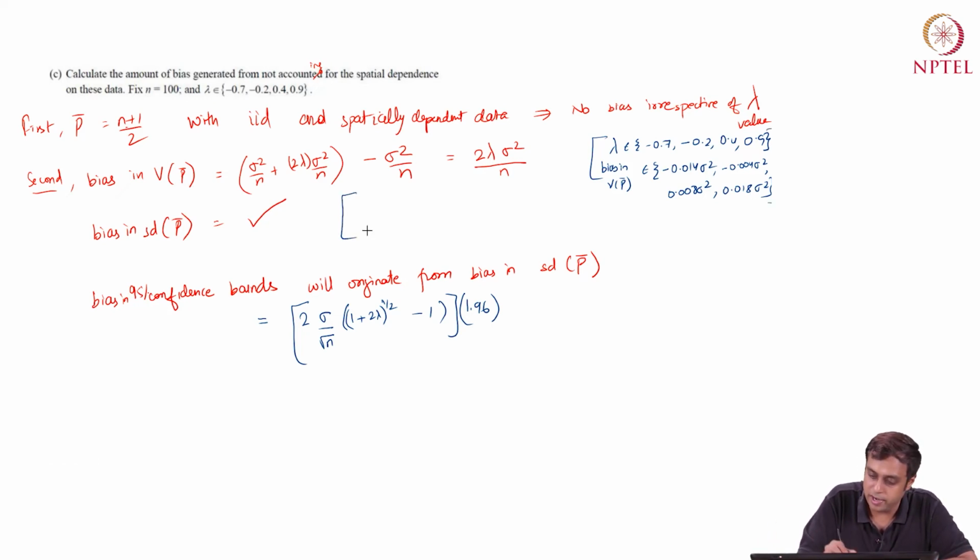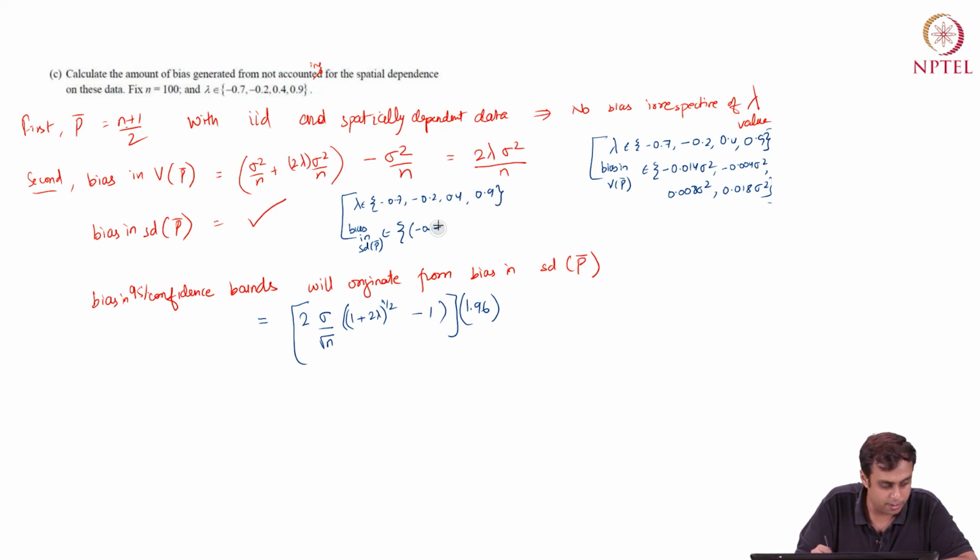Similarly, for the bias, lambda takes the values minus 0.7, minus 0.2, 0.4, 0.9. And the bias in standard deviation of p bar will simply be, the first one will be a complex number because it's a square root of a negative entity.